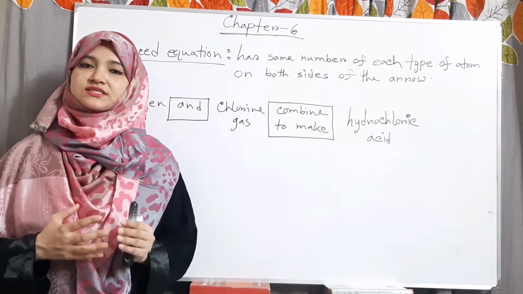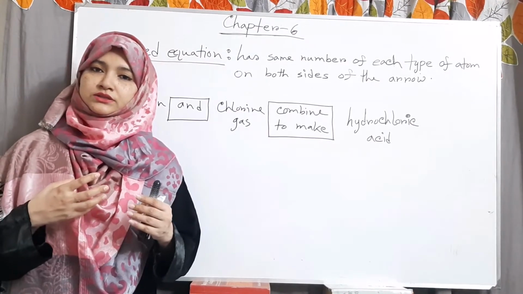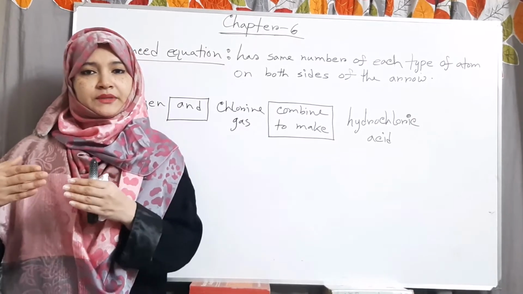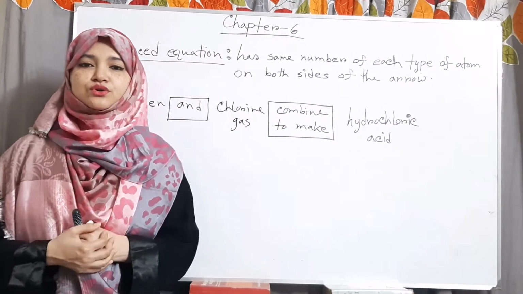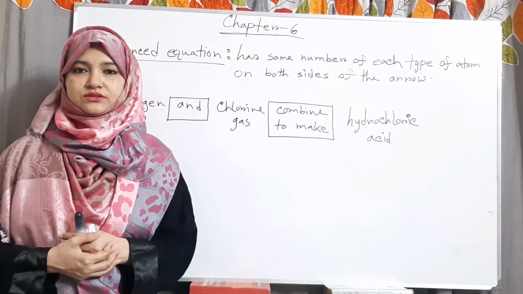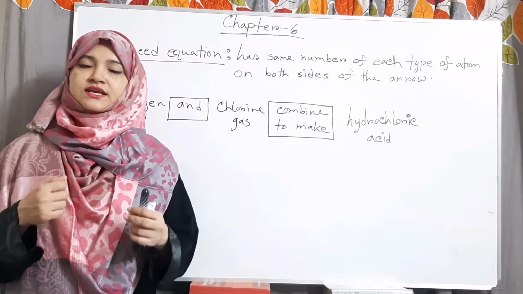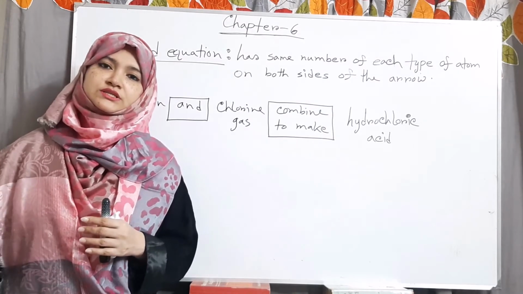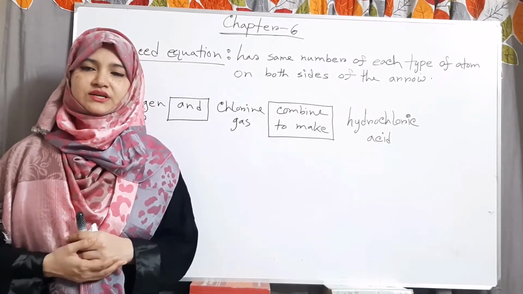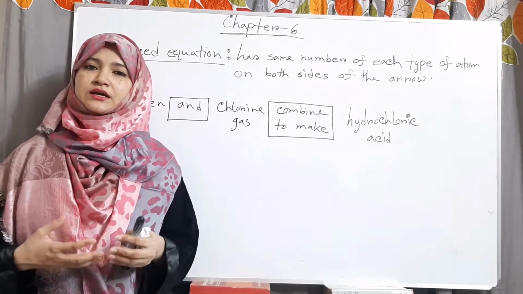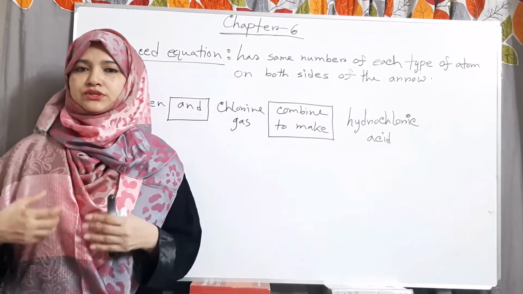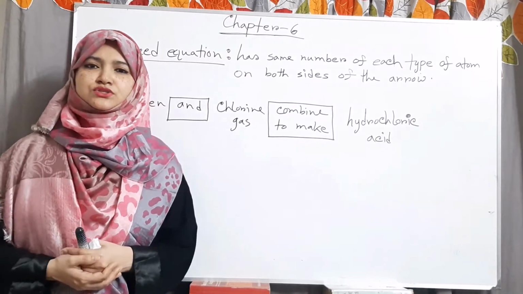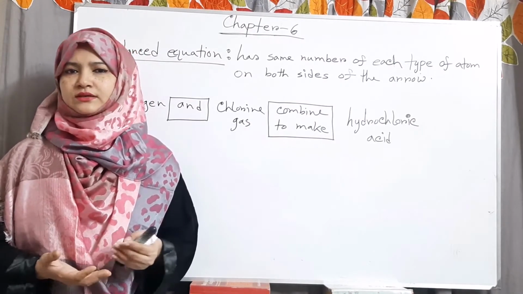The substances that are needed to begin a chemical reaction are known as reactants, and the substances that are produced during the reaction with new properties are known as products.